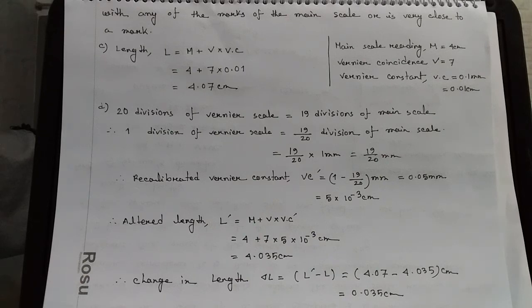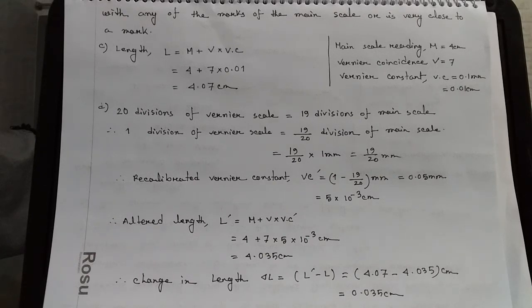So for the total change in length, from C we got the length 4.07 centimeter, and from D we have a new value 4.035 centimeter. As the scale is recalibrated, it is natural that we get a more precise value using the same scale. The difference between the two lengths is 4.07 minus 4.035 centimeter, that is 0.035 centimeter.